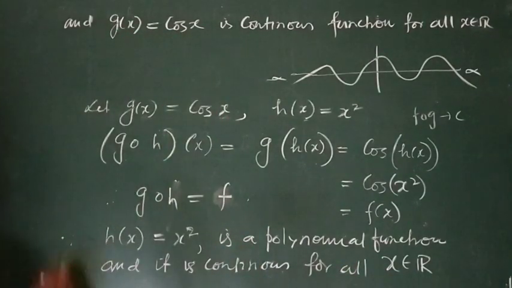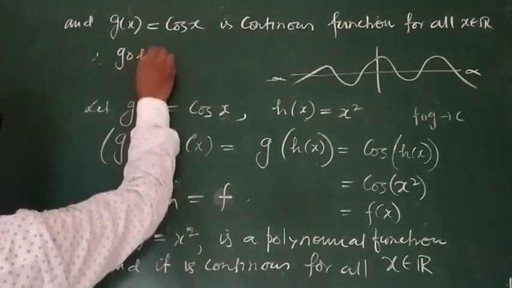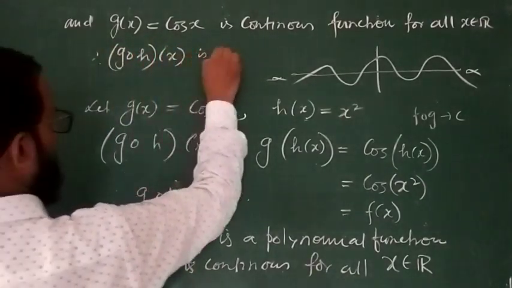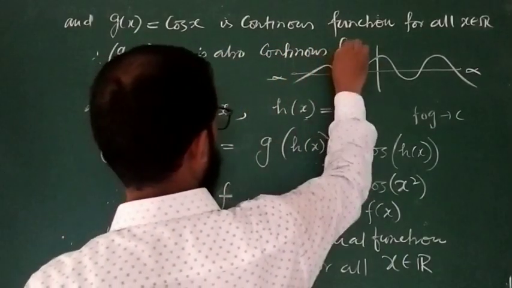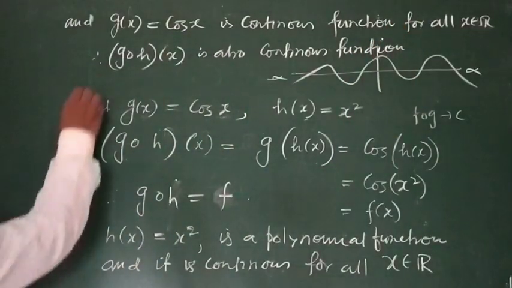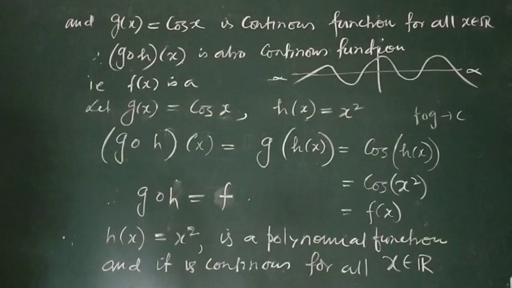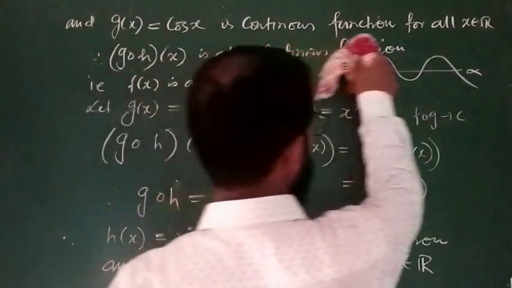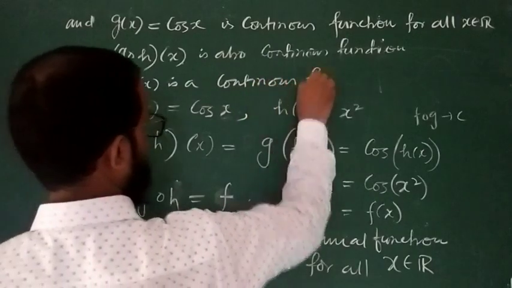Then the composite of these two, g composite h, therefore g composite h of x is also a continuous function, that is, f(x) is a continuous function. Finally, you conclude that f(x) is a continuous function.